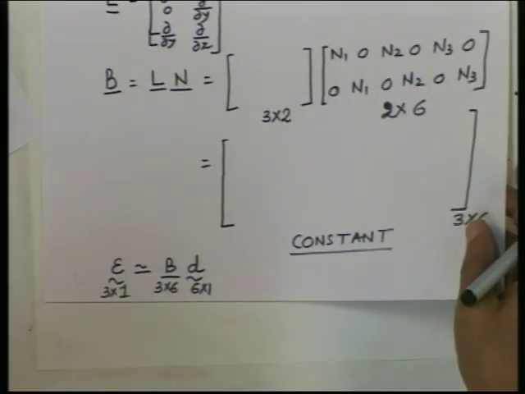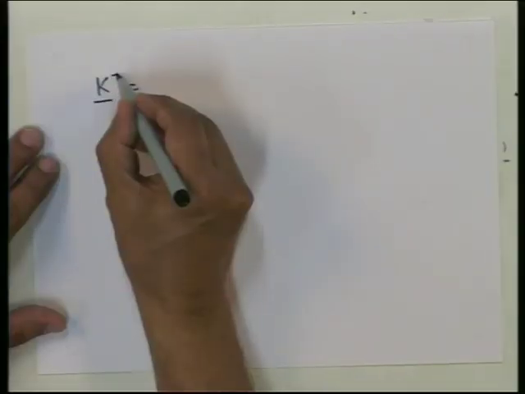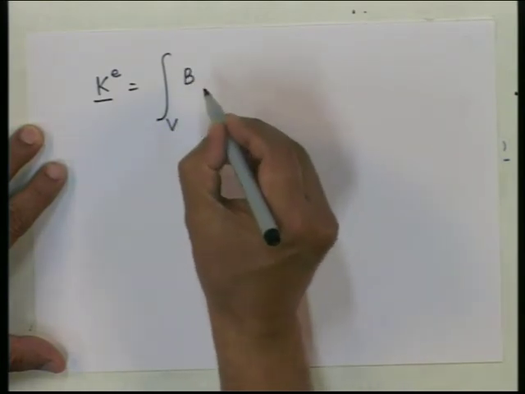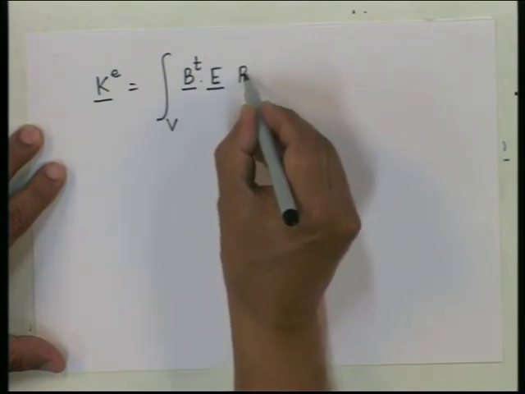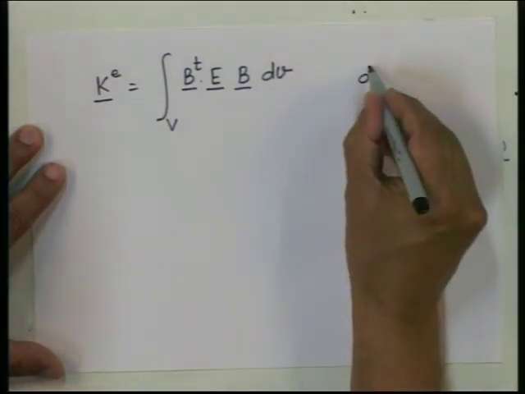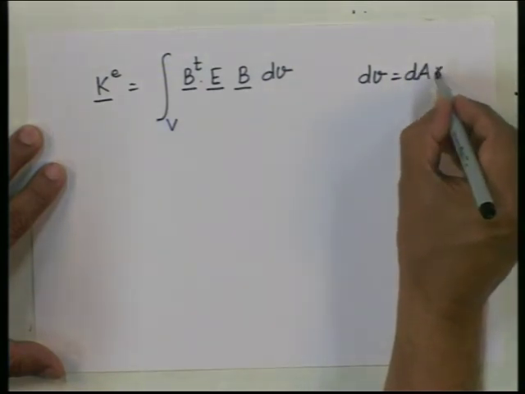Now, once the B matrix is constant, we get a lot of simplification, and that is the beauty of this element. Since B is constant, your K of the element, the triangular element, is the integral over volume of B transpose E B dV, and in this case dV will be equal to the area of the triangle multiplied by the thickness.